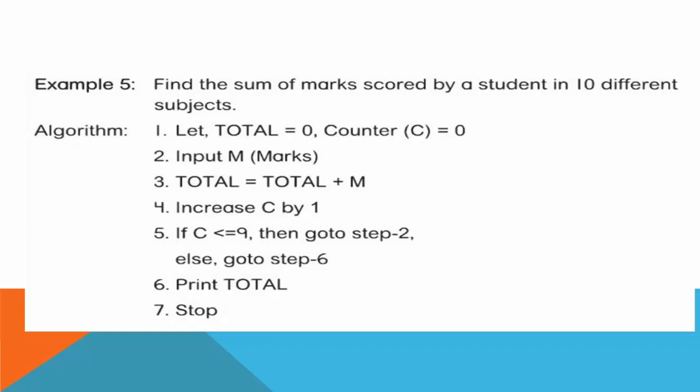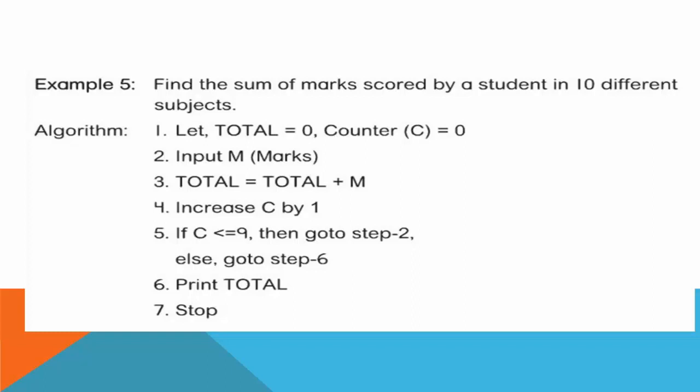Step 1. Let total equal to 0 and counter equal to 0. Now input marks. Let us consider that the first subject's mark is entered. Then input M, M is for marks. So the new total will become the old total plus M, that means the number you have just entered.